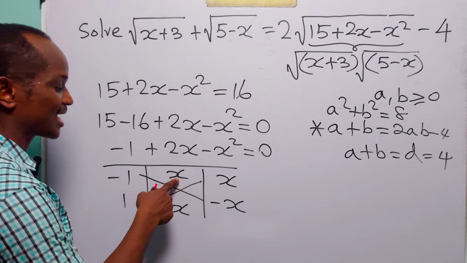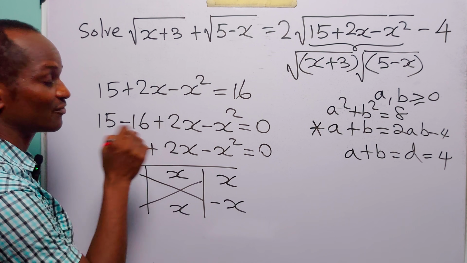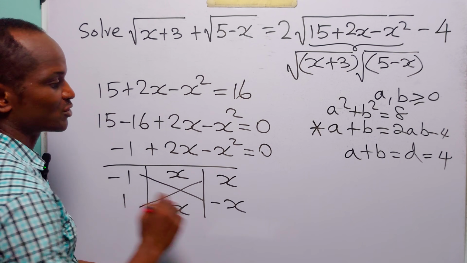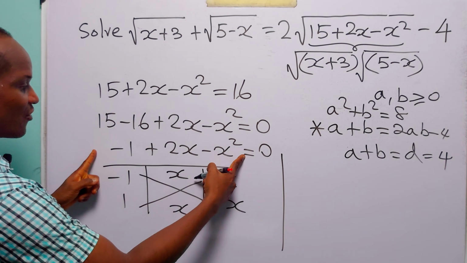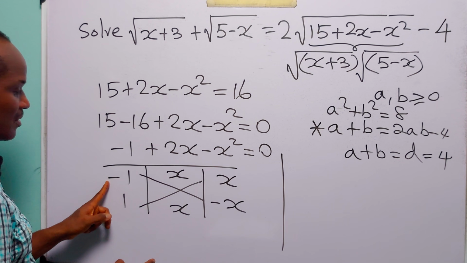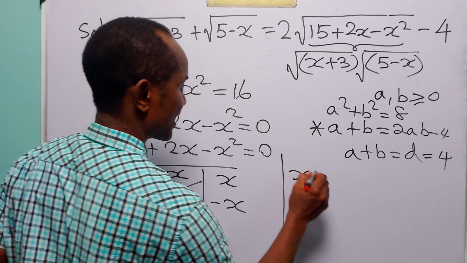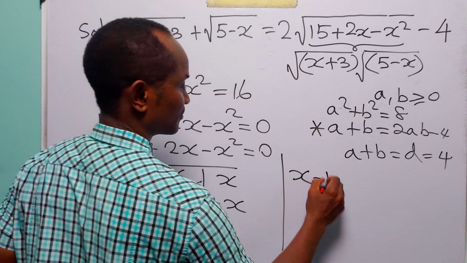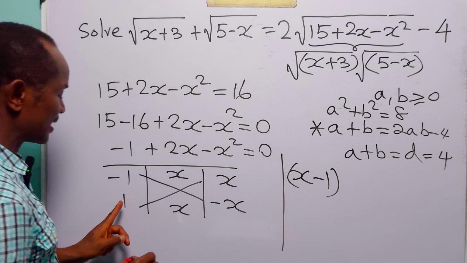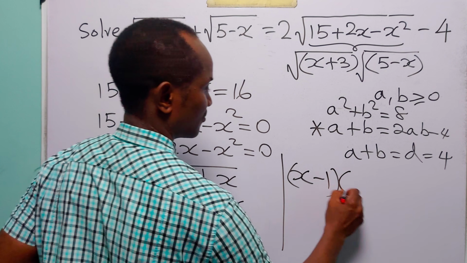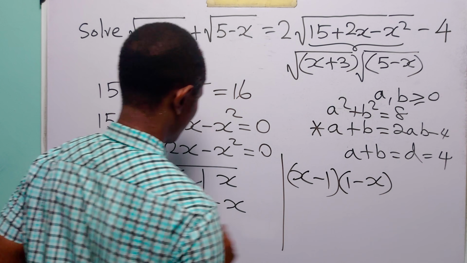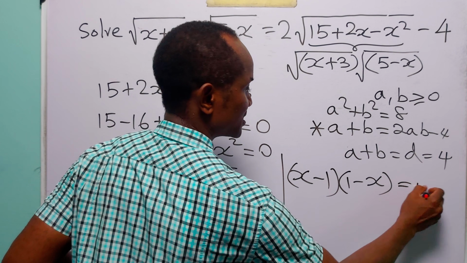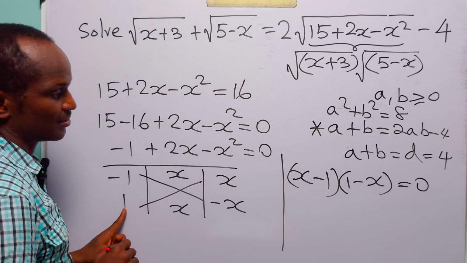And of course, x + x is going to give us 2x. So, when we factorize the left-hand side, we have (x - 1) times (1 - x). And of course, this is equal to 0.